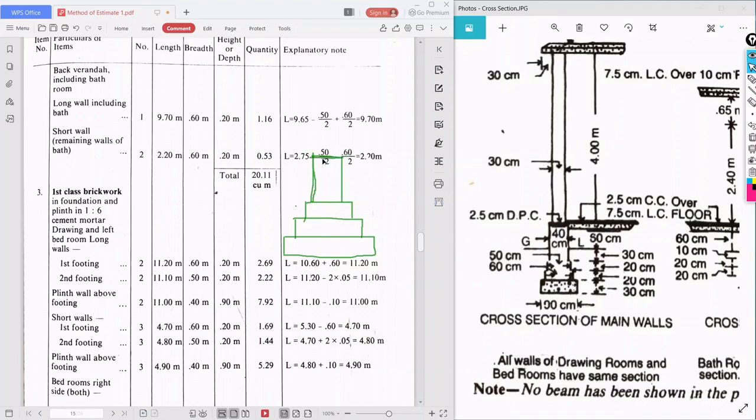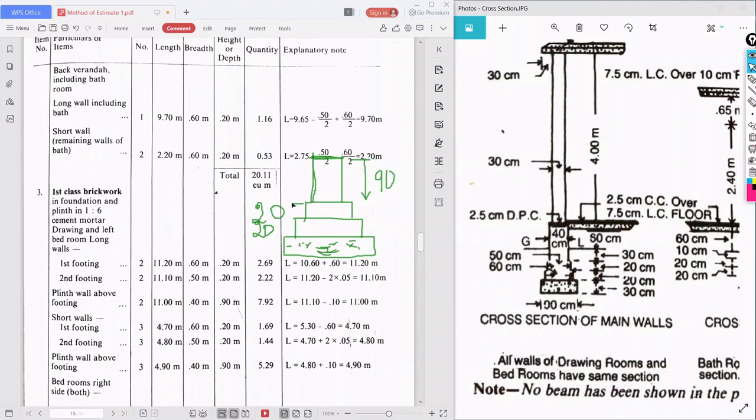After this, DPC will be there. So for the CC bed, the height is 20 centimeter. After 20, again 20. Then for plinth, it is 60 plus 30, that is 90.